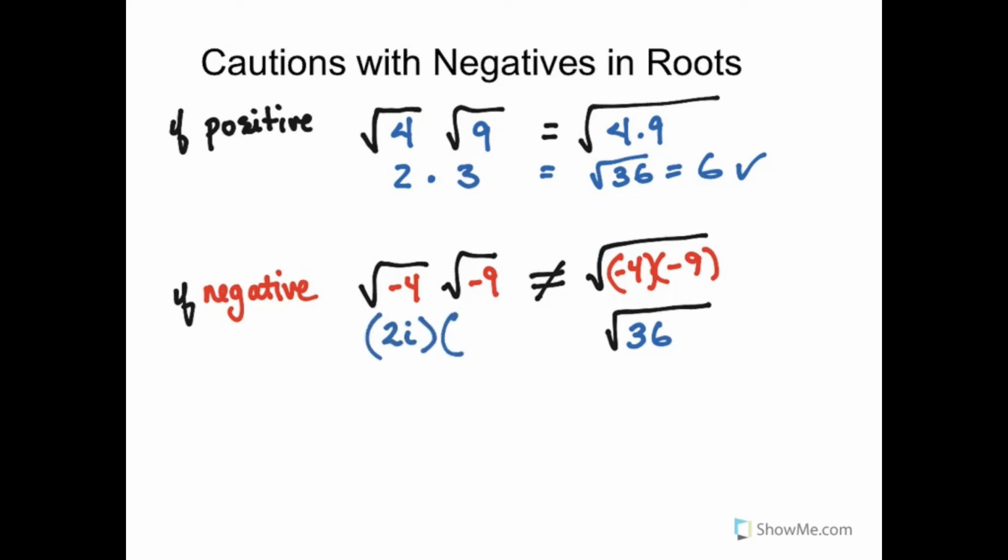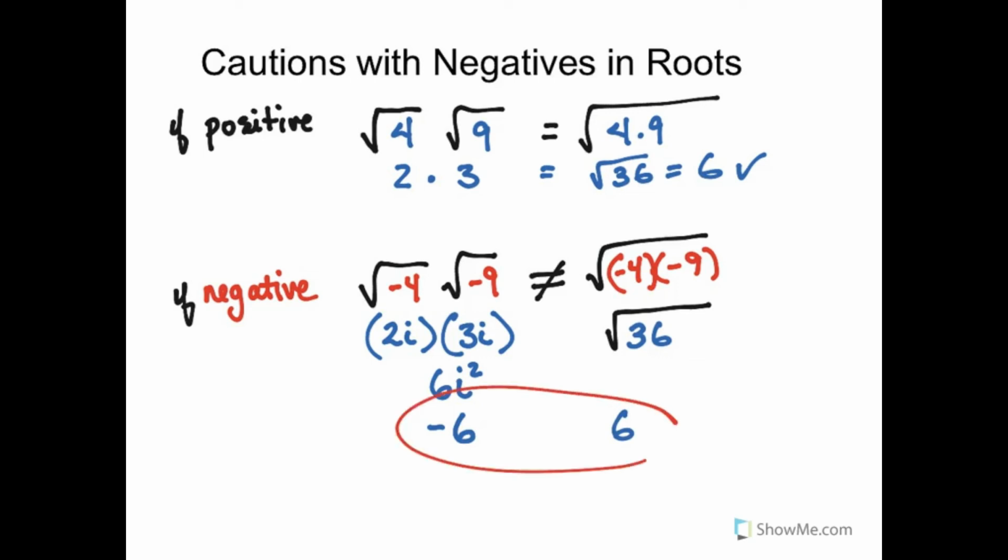The square root of negative 9 is 3i, and when I multiply that together, I get 6i squared. Since i squared is negative 1, that's equal to negative 6. But the square root of 36 is equal to 6, and so they are not equal.